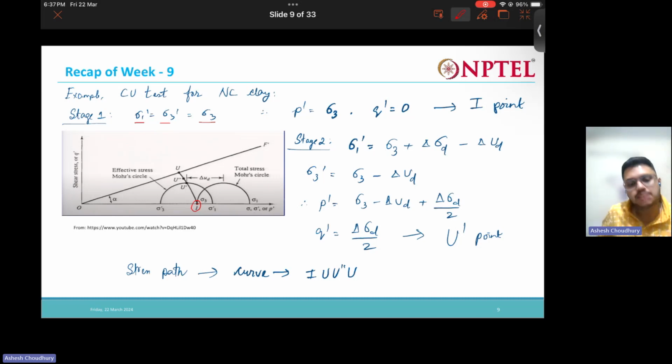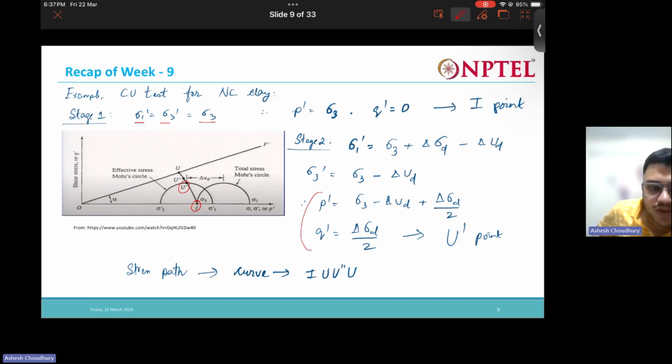Sigma 3 prime is nothing but sigma 3 minus delta ud. Therefore p prime is going to be sigma 3 minus delta ud plus delta sigma d by 2, and q prime is going to be delta sigma d by 2. Now if we plot that, these 2 values are going to give us the point U prime.